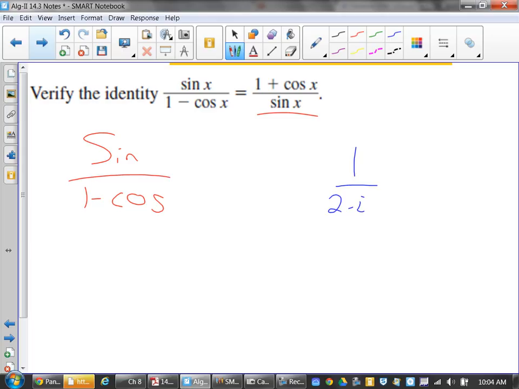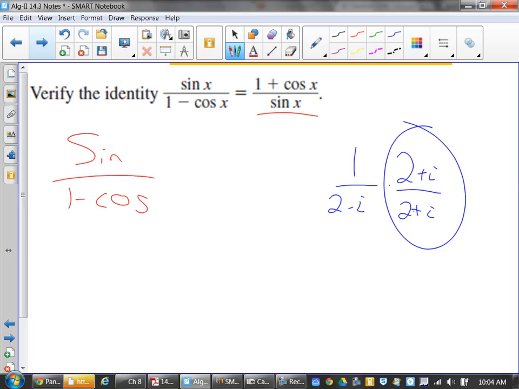Because what you were doing is creating a perfect square in the denominator. By multiplying top and bottom by a conjugate, you're not changing the value, because you're multiplying by a factor of one. Correct. So what I'm going to do here is the same idea. My top and bottom will multiply by 1 plus cosine.